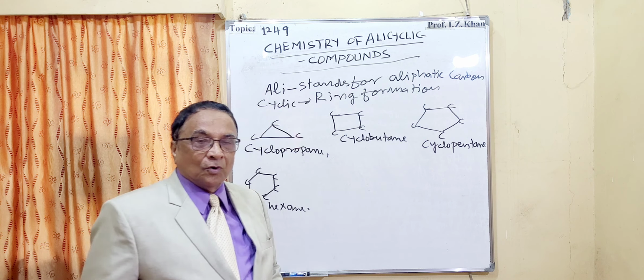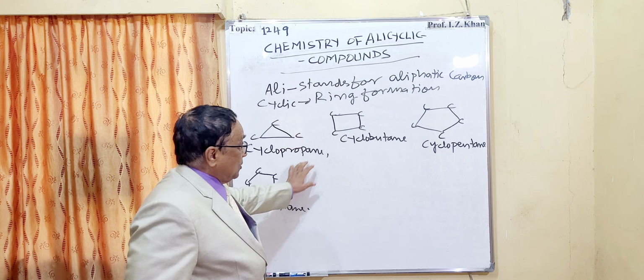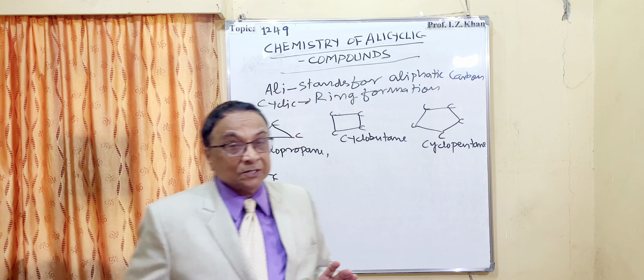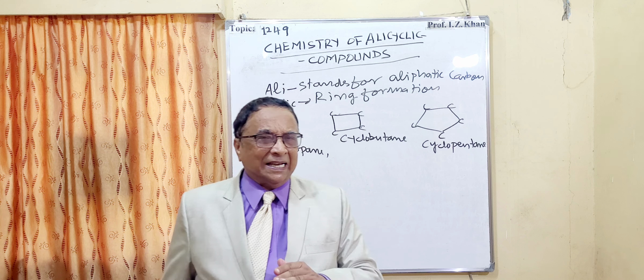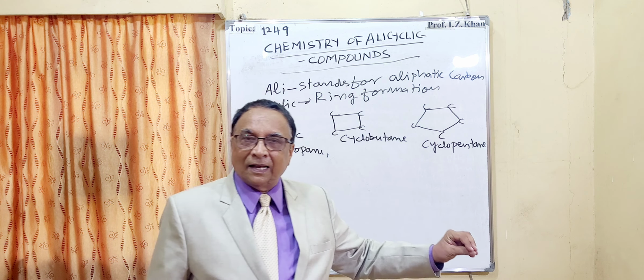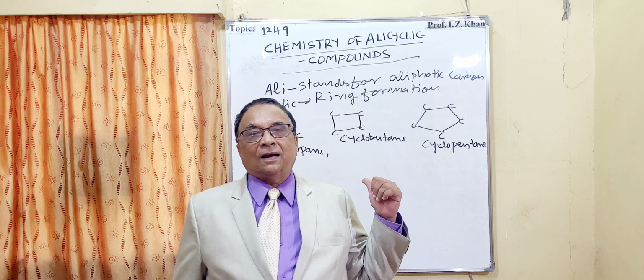So here let me come to this. This is aliphatic compounds where all the carbons are aliphatic. Now the question comes, the students must understand very clearly the difference between aliphatic and aromatic carbon. Why it is called aliphatic carbon?